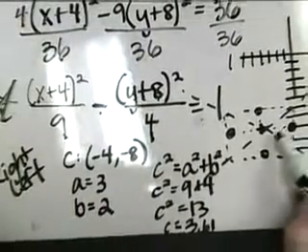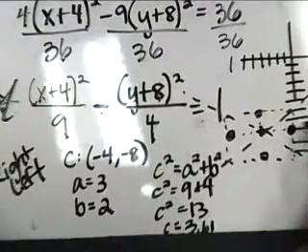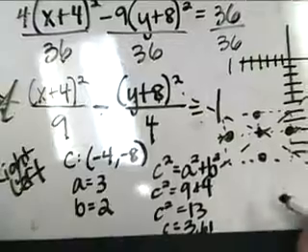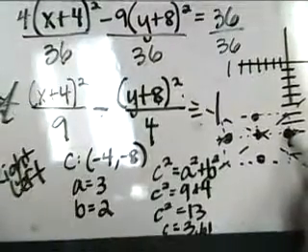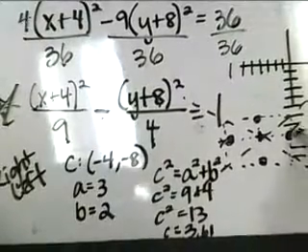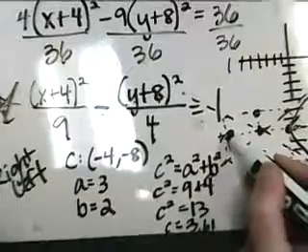Remember, it was a right or left one, so 1, 2, 3.61 would be right here, very close to that vertex.